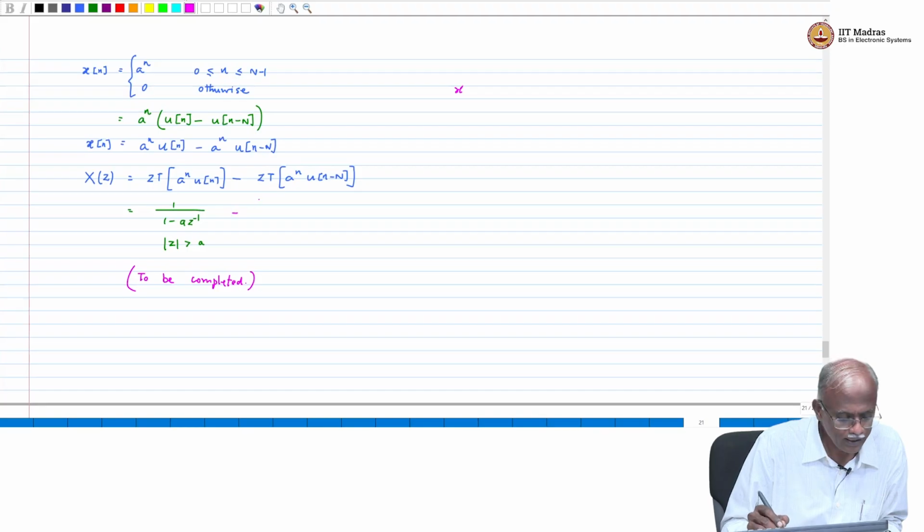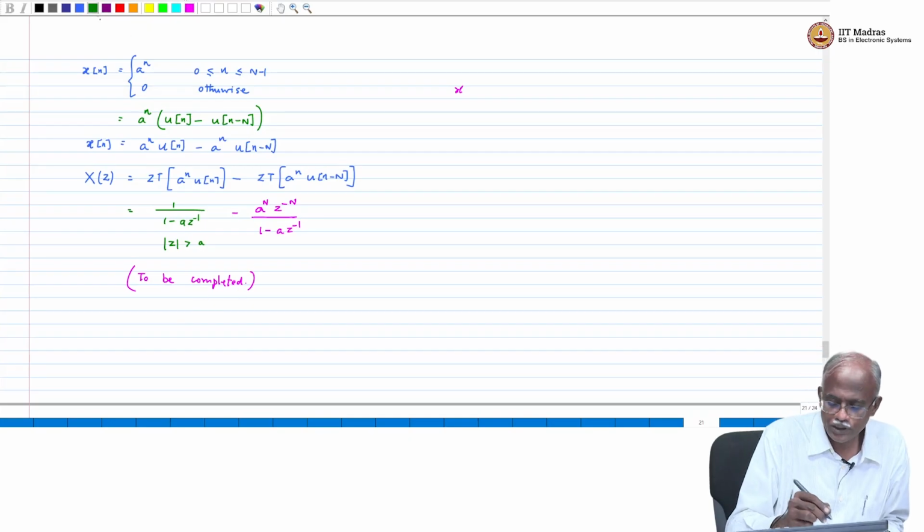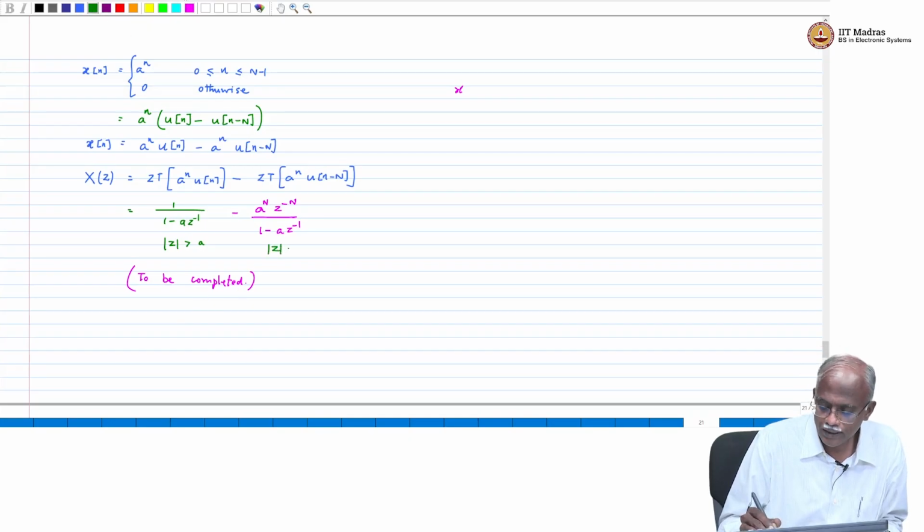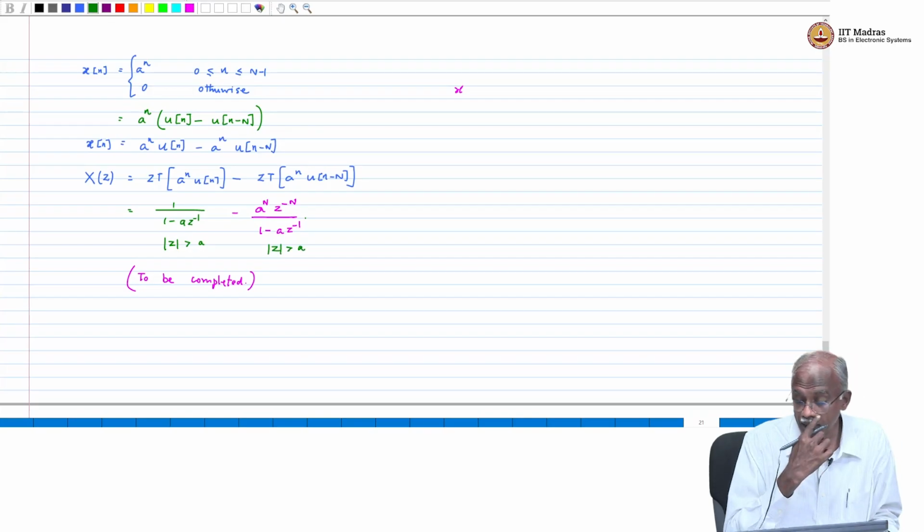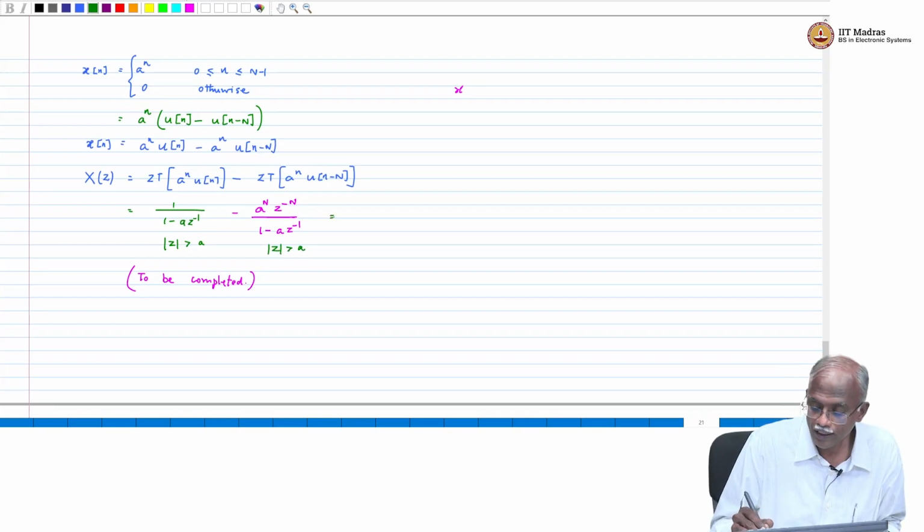This can be written as a to the power n, z to the power minus n, divided by 1 minus a z inverse. Okay, ROC will be mod z greater than a, still the same thing. So what we can do is combine these two terms, (1 minus a to the power n z to the power minus n) divided by (1 minus a z inverse).